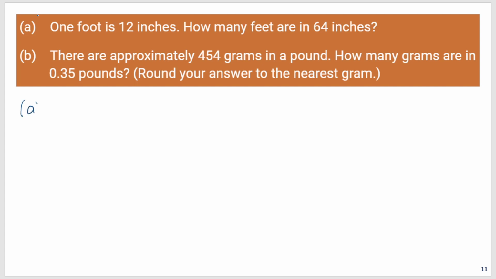So a question like this is quite straightforward, right? Because we know 1 foot over 12 inches is 1. In order to get 64 inches, we could multiply both the denominator and numerator by 12, giving 64 over 12.